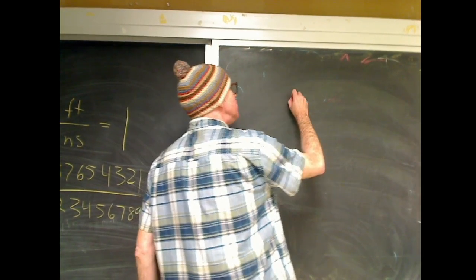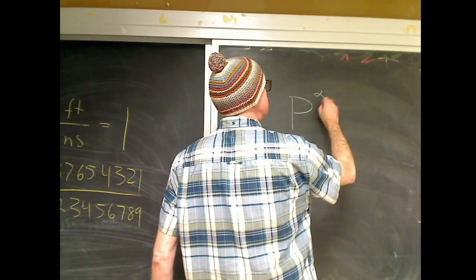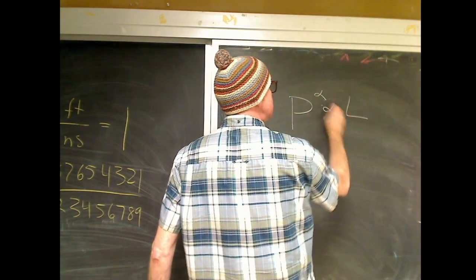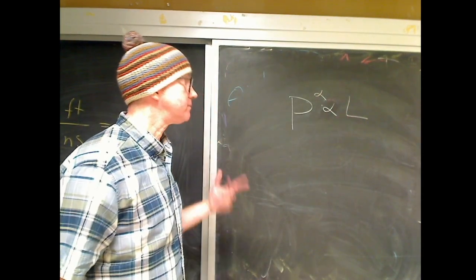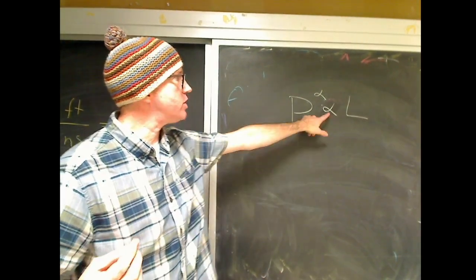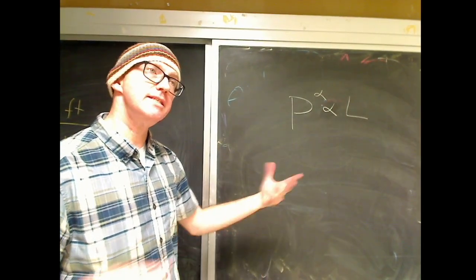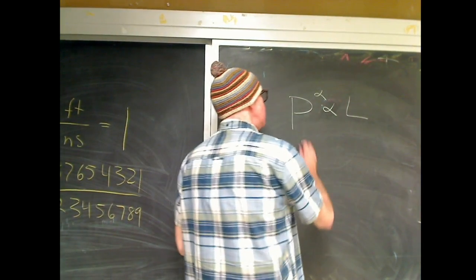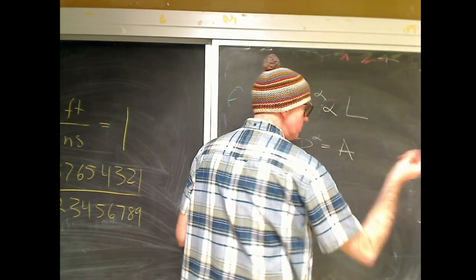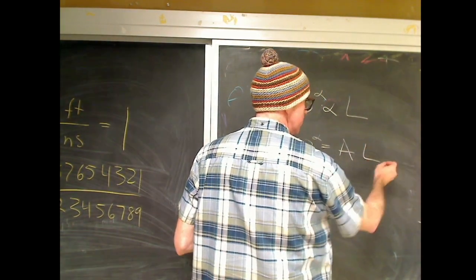So I give you something like period to some power is proportional to the luminosity. You can't get numbers out of this, because this proportionality means I'm skipping some large piece of information. This is the behavior, but what this actually says is that the period to some number is equal to some other number that I haven't given you, that you have to find somewhere, times the luminosity, for instance.